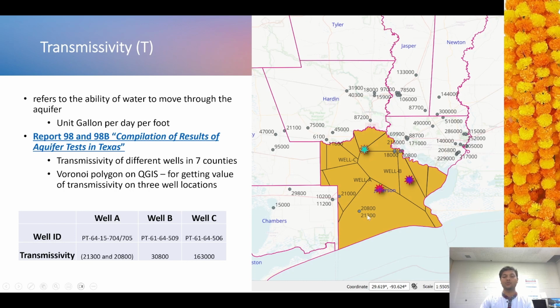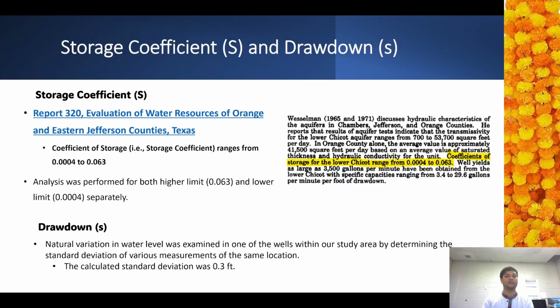It was because there were 2 wells in the same location, so we used the arithmetic mean of these 2 data as our transmissivity for well A. In case of well B, the well was situated on the polygon with transmissivity data of 30,800, so its transmissivity was 30,800, and in case of well C, the transmissivity was found to be 163,000. All the units were in gallons per day per foot.